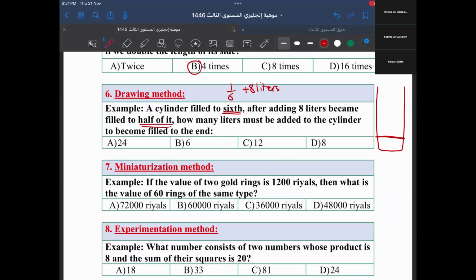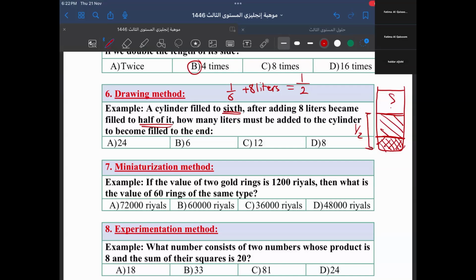Okay, equals half of it. How many liters must be added to the cylinder to become filled to the end? So this is the original, and then I added 8 liters, and now this is half. And I want to know how much I should add here.